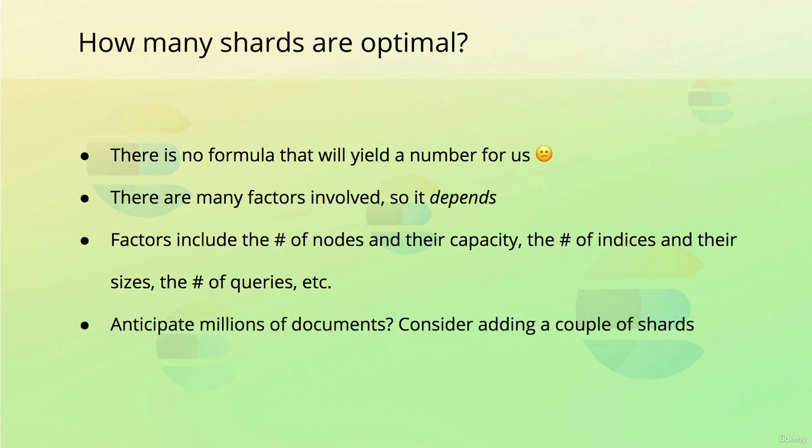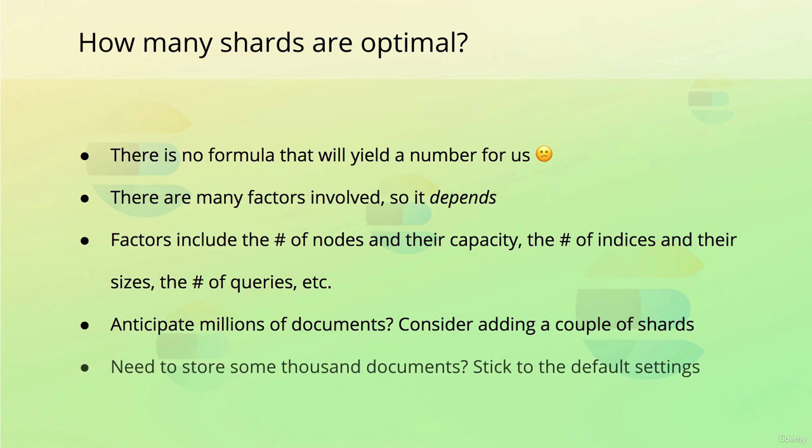However, as a rule of thumb, a decent place to start would be to choose 5 shards if you anticipate millions of documents to be added to an index. Otherwise, you should be completely fine sticking to the default of 1 shard and then increase the number if need be.